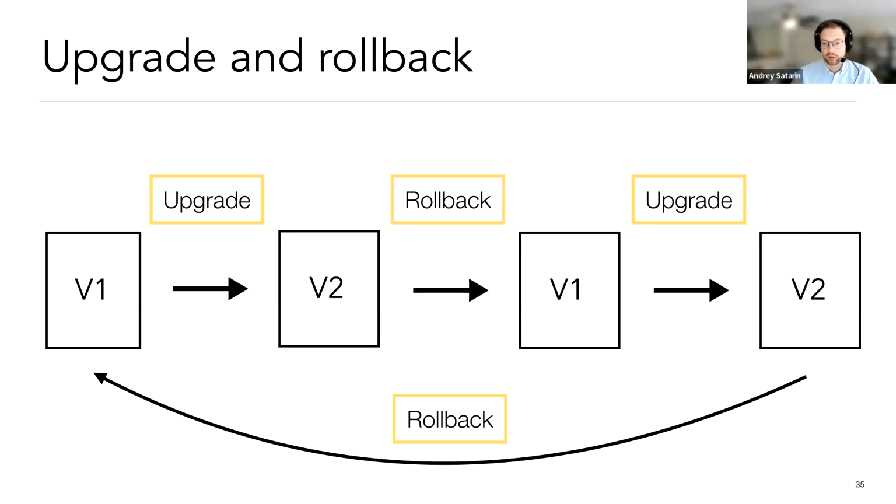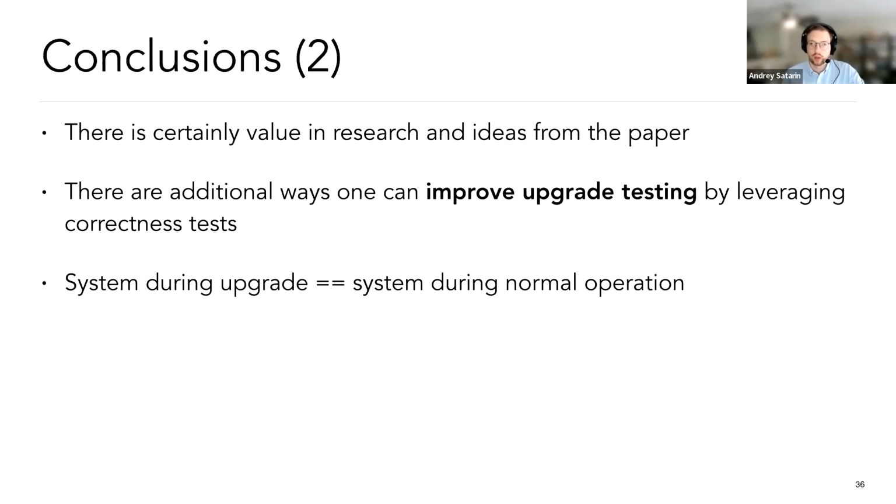And as I mentioned before, you can use not just stress tests, as the paper suggests, but also your correctness validation tests with failure injection, because in the real world, failures in a distributed system do not stop when you do an upgrade, and you do need to exercise those code paths during an upgrade in both versions or mixed versions. So this is the cycle of upgrade and rollback, where you test both operations between version 1 and version 2, and correctness during that execution.